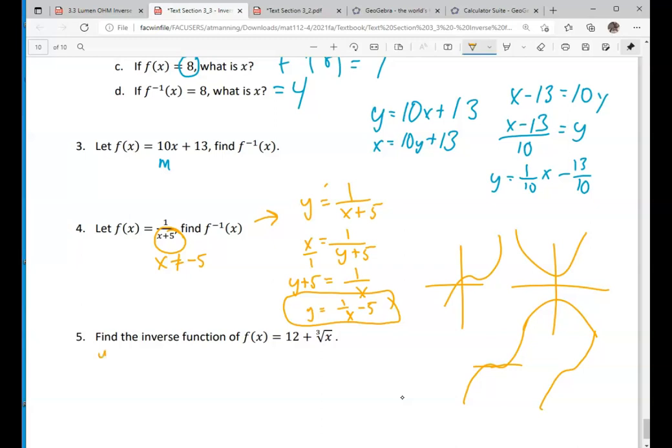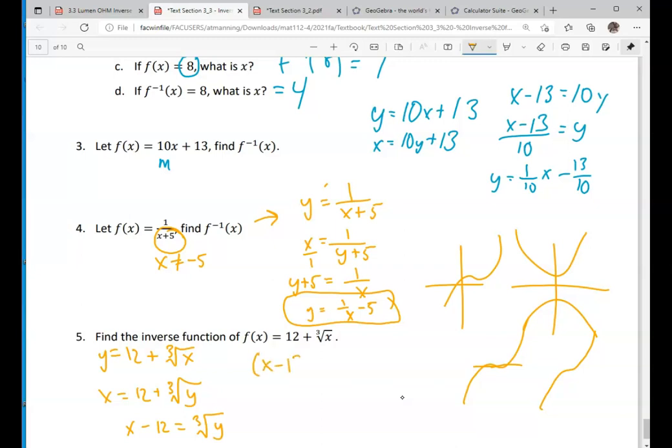Let's put it in the form y equals 12 plus cube root of x. Switch x and y. X equals 12 plus cube root of y. First of all, subtract 12 from both sides. X minus 12 equals cube root of y. And what do we do? Cube everything.